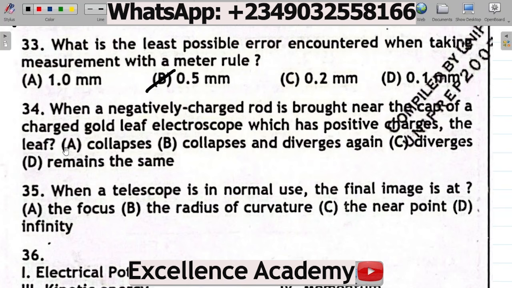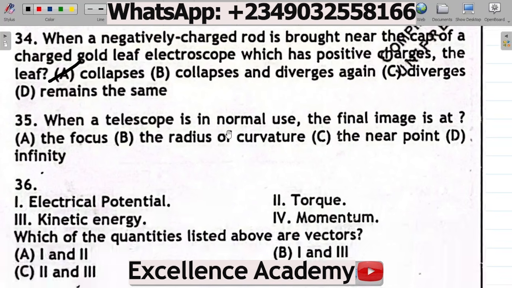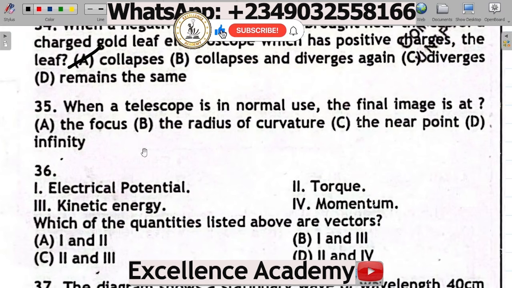Now, for this question, you want to remember that opposite charges attract. So the positive leaf would lose repulsion, which causes it to what? Collapse. So for this particular question, the correct answer there is A, collapses. All right, it will collapse. That's the correct answer.